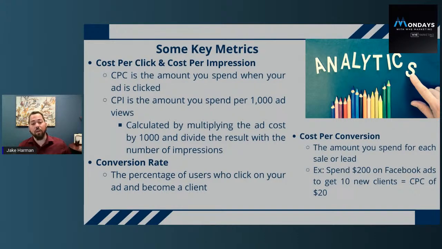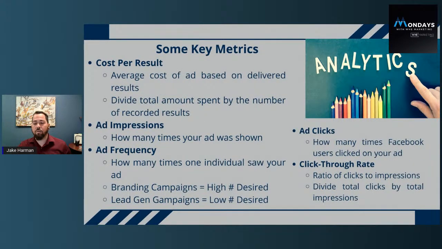And then the CPI, cost per impression, is the amount you spend per 1,000 ad views. This is calculated by multiplying the ad cost by 1,000 and dividing the result by the number of impressions. Cost per click kind of goes back to our previous slide where we briefly talked about click-through rate.